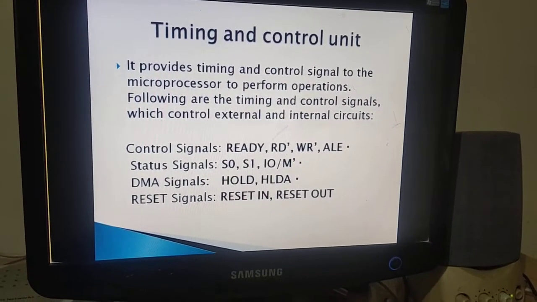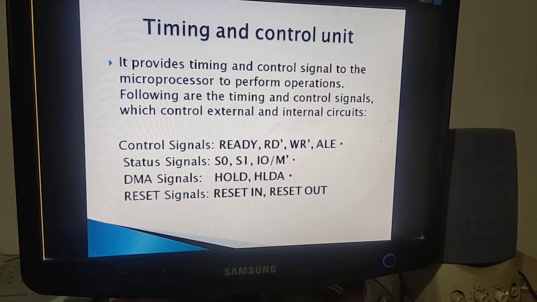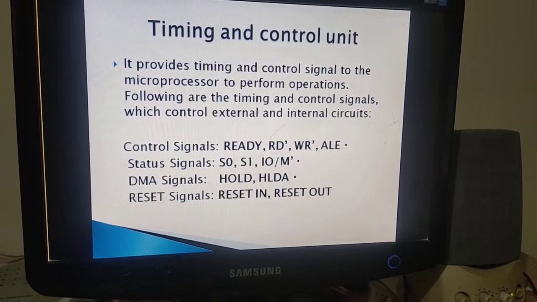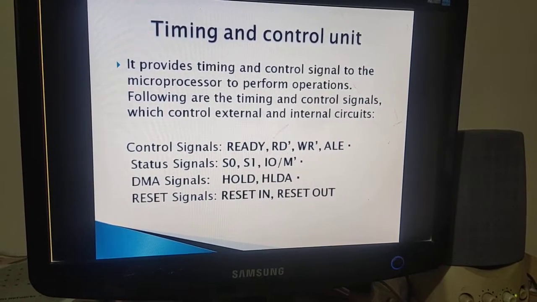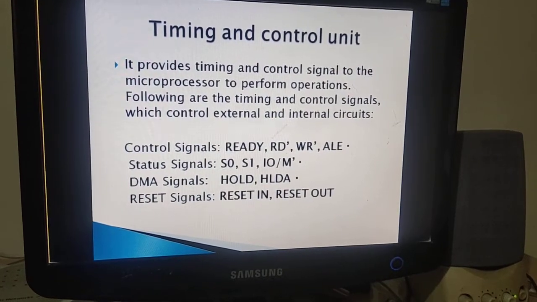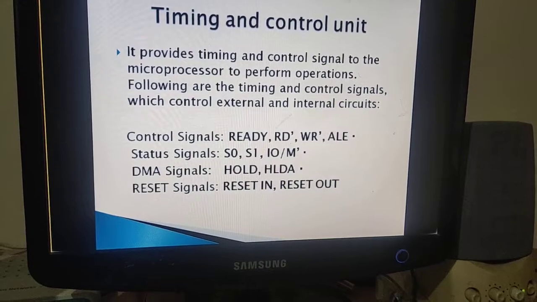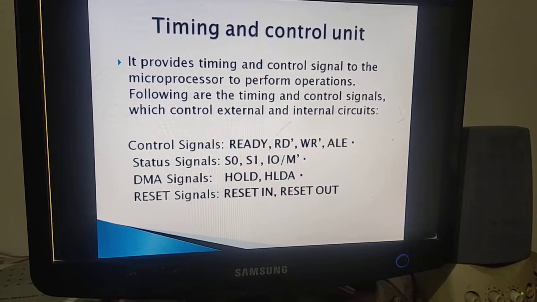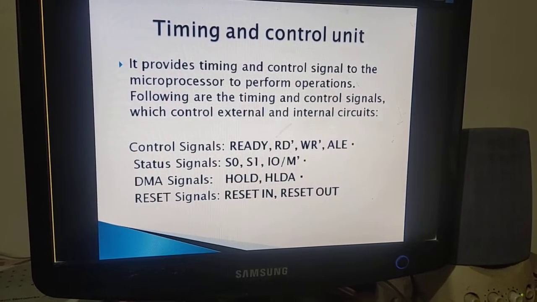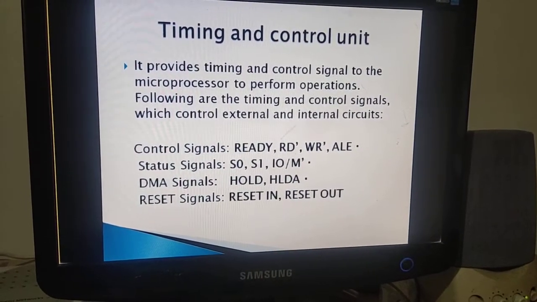Rather, the control signals are READY, RD bar, WR bar, ALE. RD stands for read, WR means write, ALE means address latch enable. And the bar on RD and WR means that they are active low signals. Active low means when the signal is 0 it is activated, and when it is 1 it is inactive.